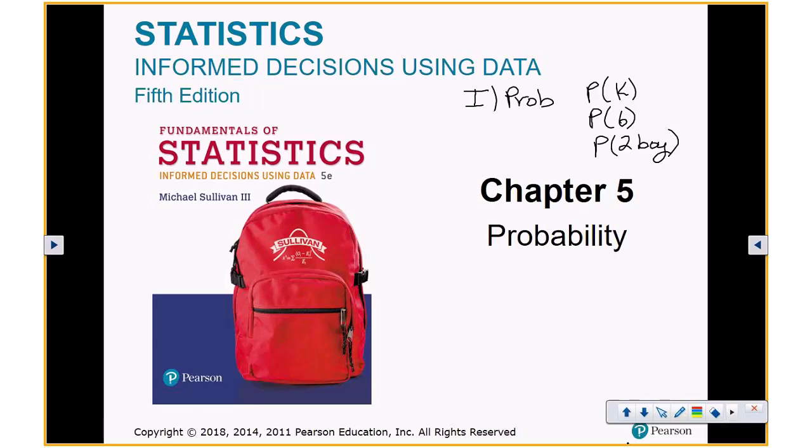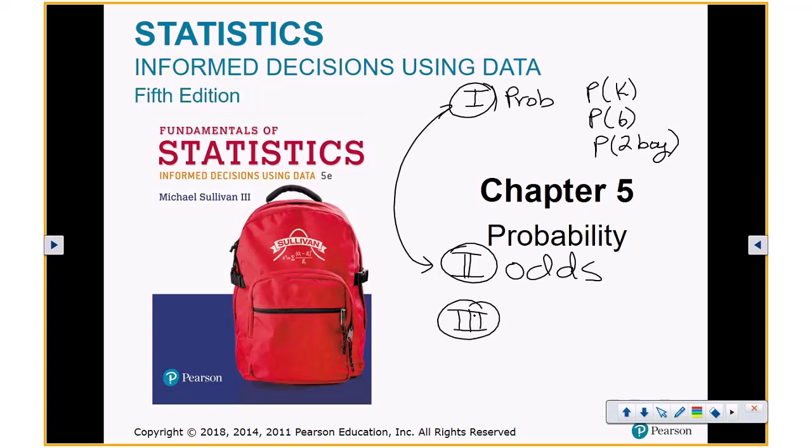The second thing I will ask you about is odds. These 2 are tied together, and we will go over those together. Third thing, the additive law. The additive law uses the word "or."